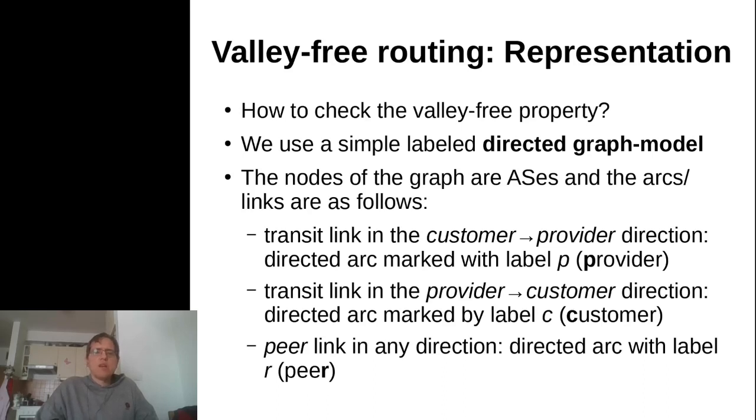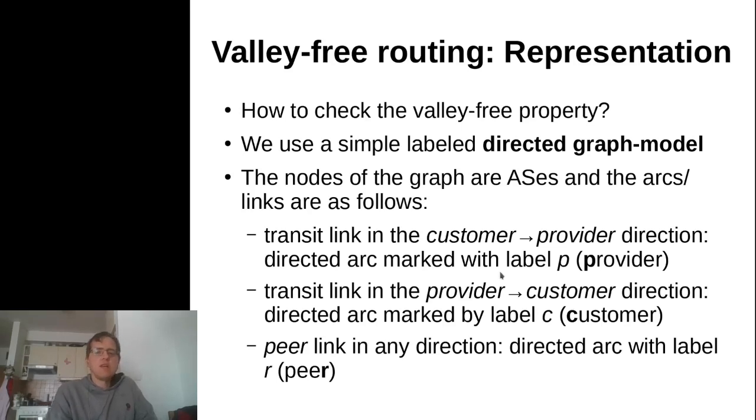value-free or not. And for this, we are going to just convert our schematic diagram into a labeled directed graph model. So what we are going to do is represent the AS level topology with a directed graph. The nodes in the graph will be the ASes, and the arcs or the links will be as follows.